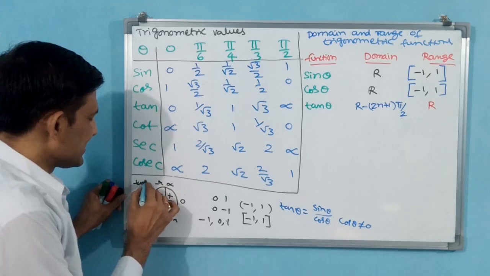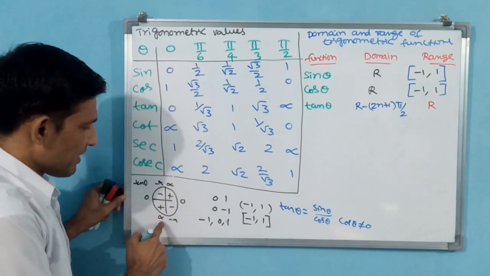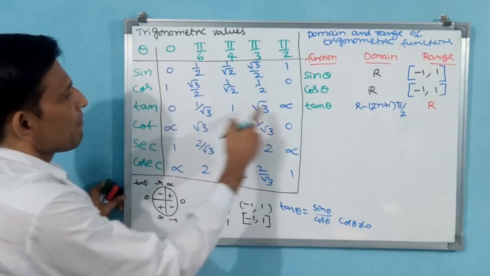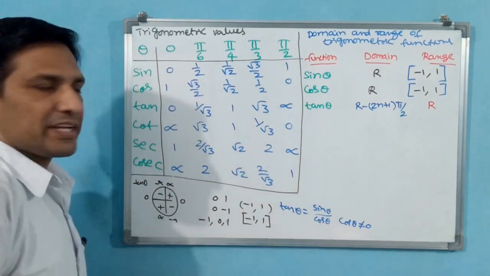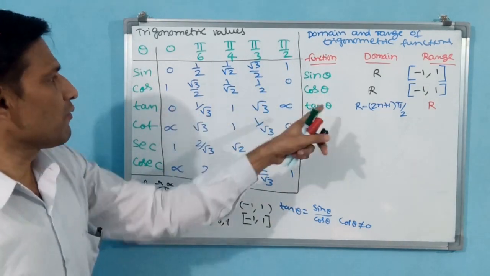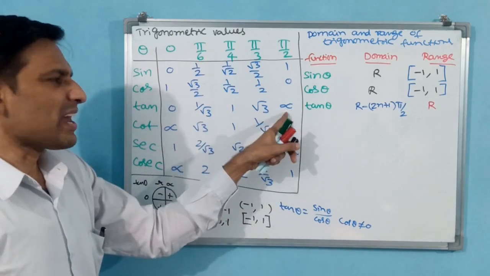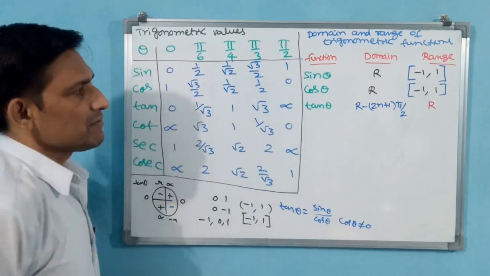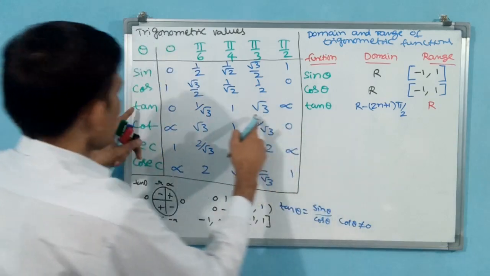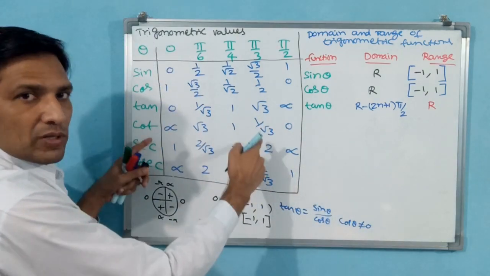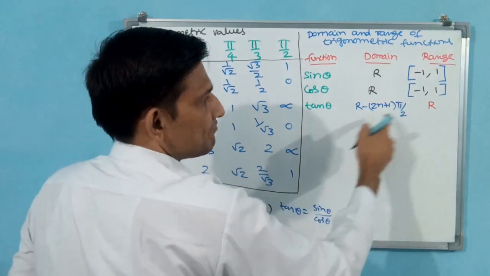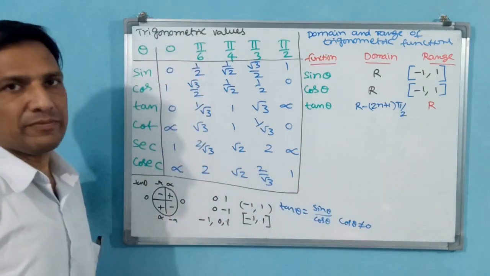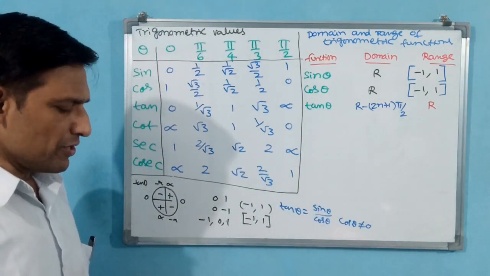This we have written up to 90 degrees only, 0 to 90 degrees. If you further extend, automatically minus infinity also will come. That is why the result, the output, the range is R, real numbers, minus infinity to plus infinity.